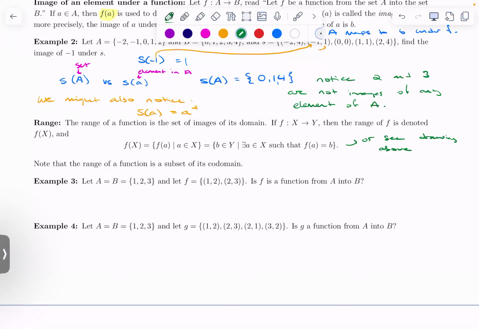Got bigger fish to fry. But we do note that the range of a function is a subset of its codomain. Notice 2 and 3 are not images of any element of A. I'll clean it up. I'll make a mess first. There.